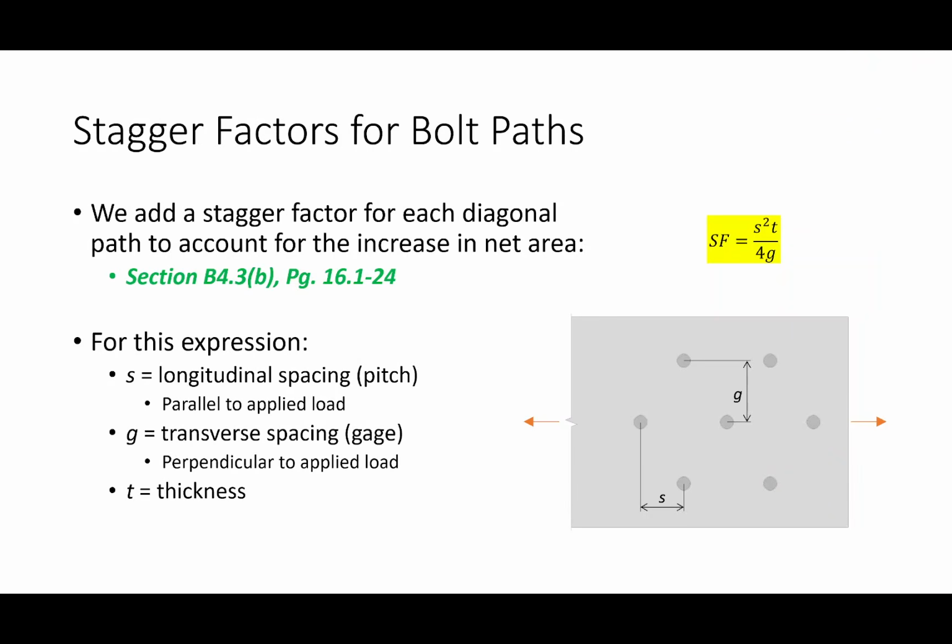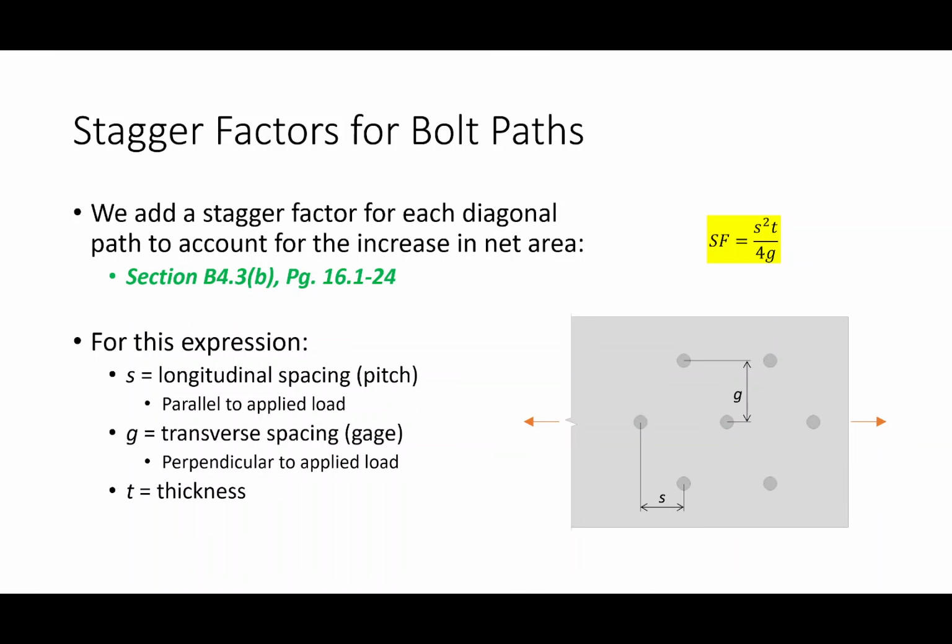Now, the big thing is what's going on with these stagger factors, okay? So for every one of these diagonal failure paths, we're going to add a stagger factor, and the way that we compute that stagger factor is the following. This is S squared T over 4G, okay?